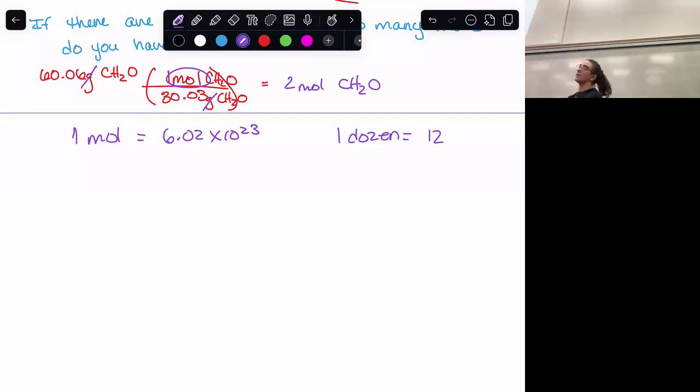It does not matter what that unit after 12 is, but 1 dozen always means 12 of something. The same thing for a mole. For every 1 mole, you have 6.02 times 10 to the 23 atoms, compounds, glasses of water, dogs, whatever. You can just put a unit right after 6.02 times 10 to the 23.